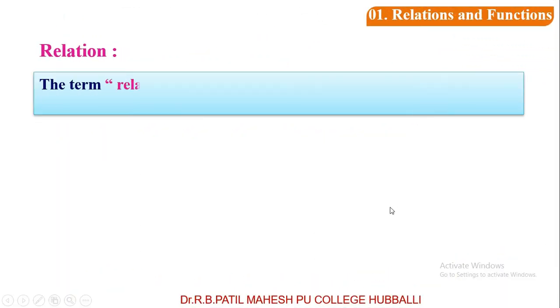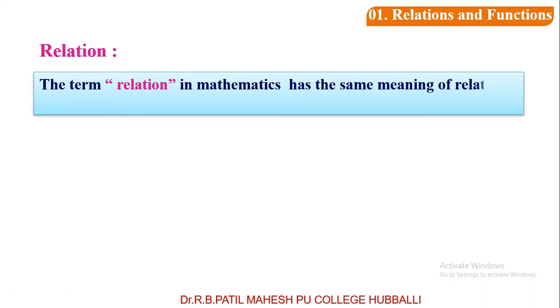Students, the term relation in mathematics has the same meaning as we learnt in the English language. In English, relation means what we have studied: sister of, brother of, father of, mother of. This word gives us a relation between two objects, two persons, right?